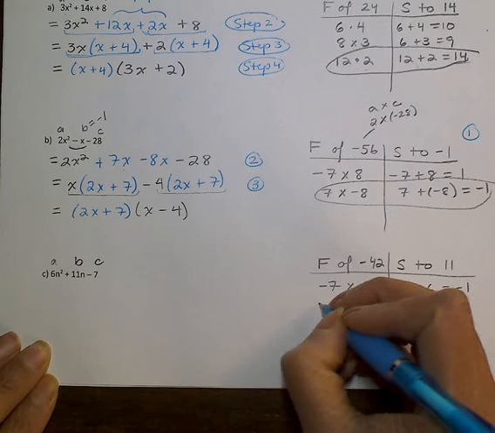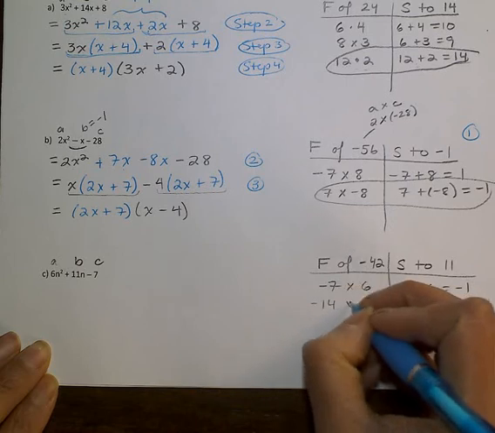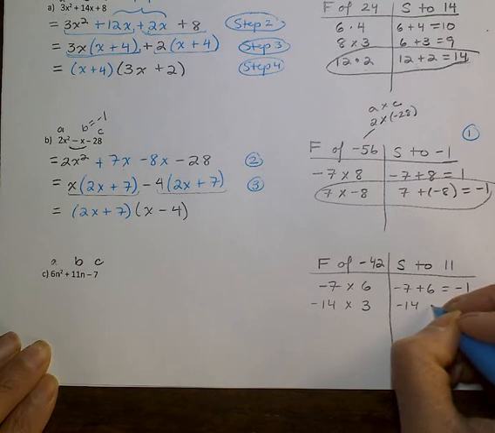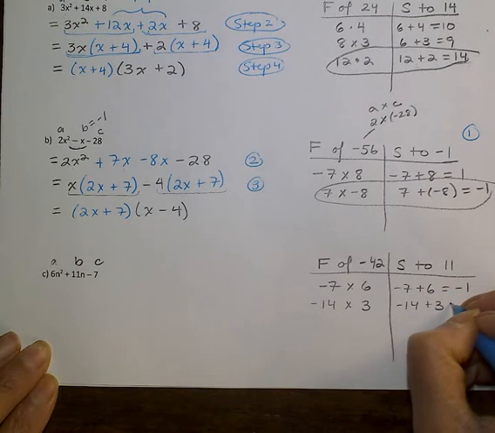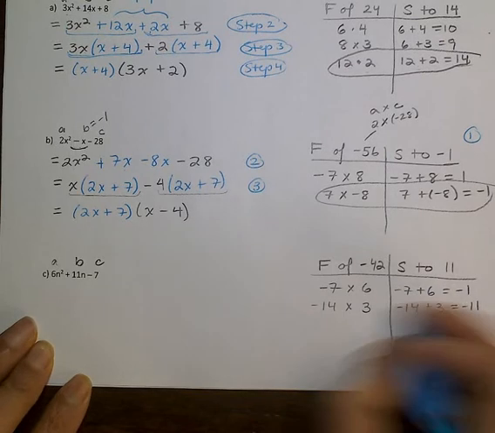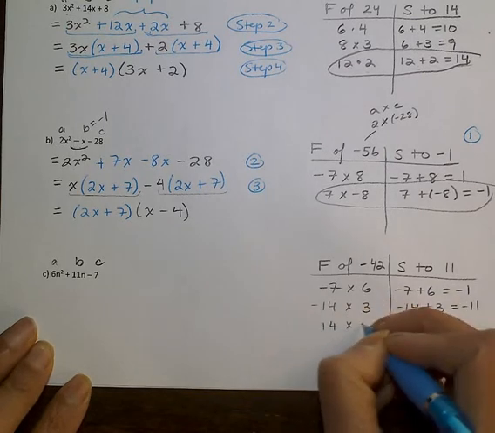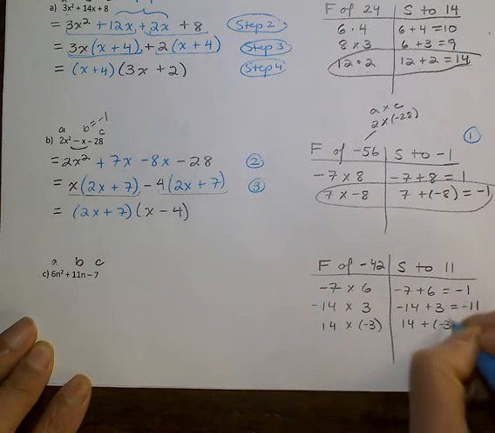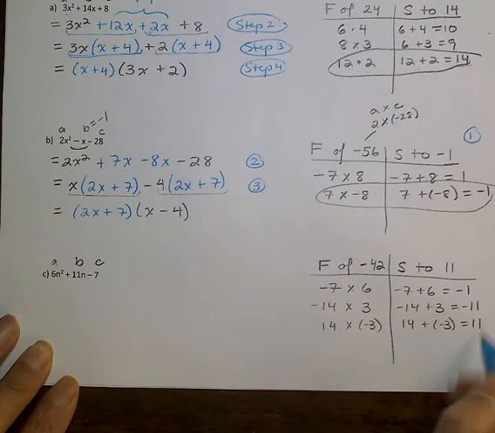So I'm going to try negative 14 times 3. Now, negative 14 plus 3 is negative 11. Okay, so it's almost right. My signs are wrong, so I'm going to switch the signs. So I've got 14 times negative 3 instead. And when I add those together, I get the combination that I'm looking for. So this is what I want.